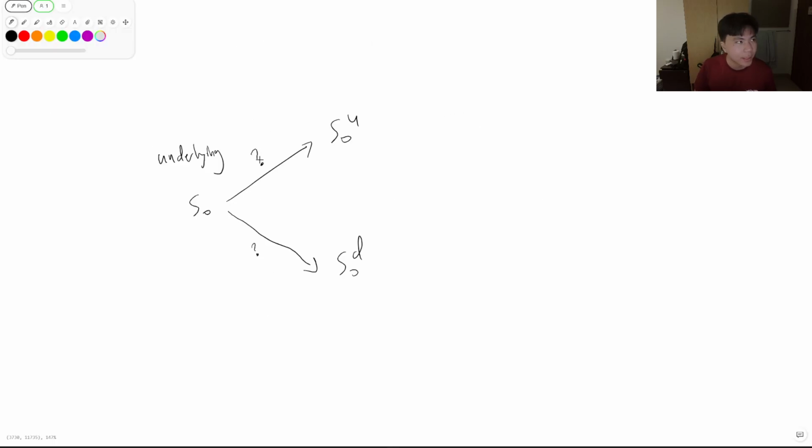We are tasked to calculate the fair value of a call option. It could be a put as well, pretty much the same calculation, but in this case let's go with a call option. The call option has a strike of K, and let's say we stipulate K to be between the two prices, the uptick and downtick.